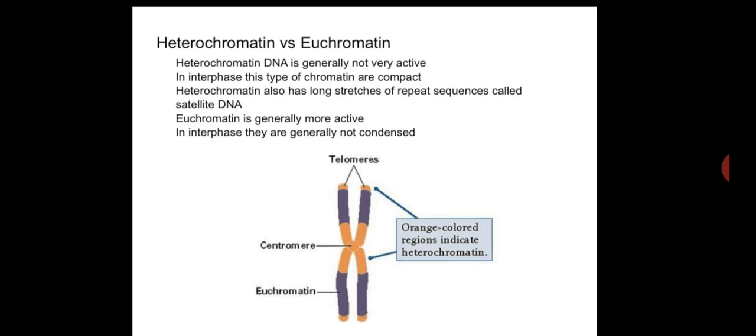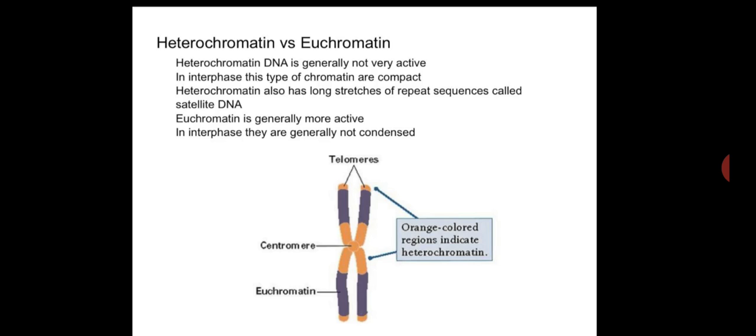Just watch on the screen. After the staining process, some regions of the chromatin or chromosome take a heavy, dark stain. Those darkly stained regions or parts of the chromosome are called heterochromatin regions.